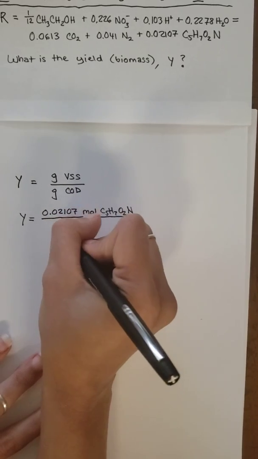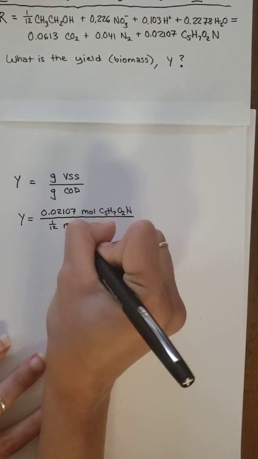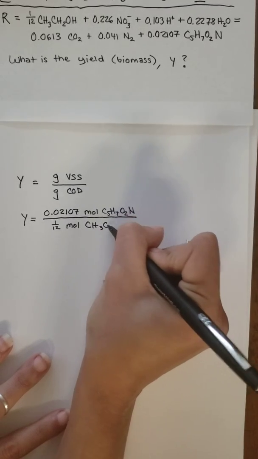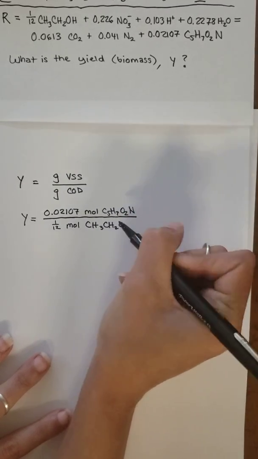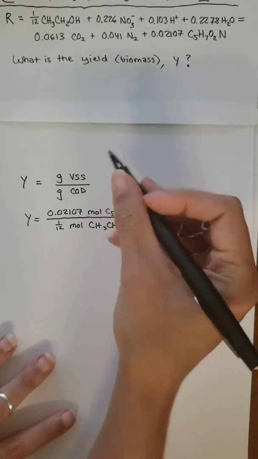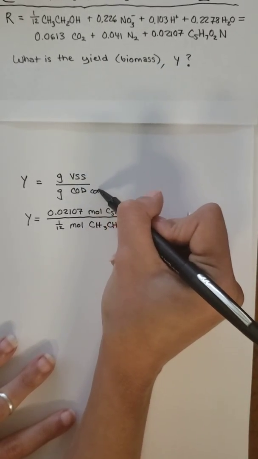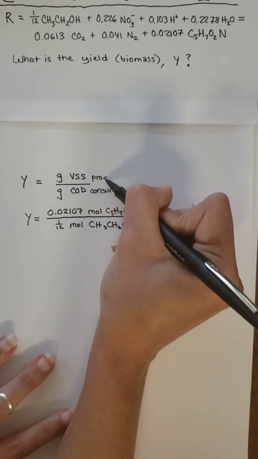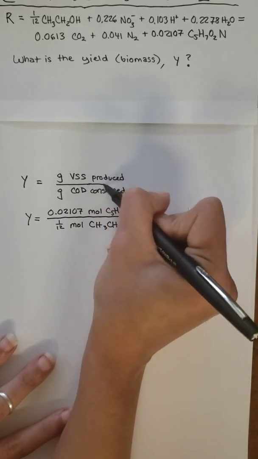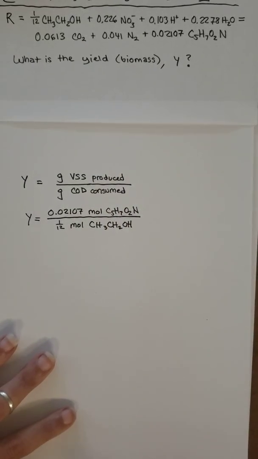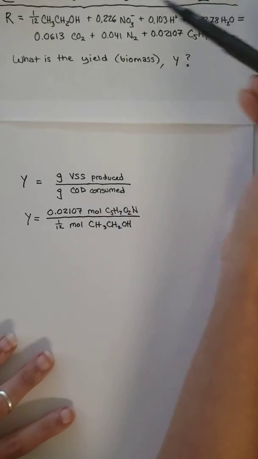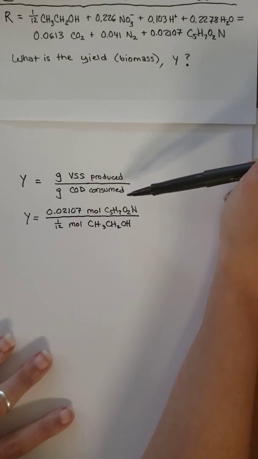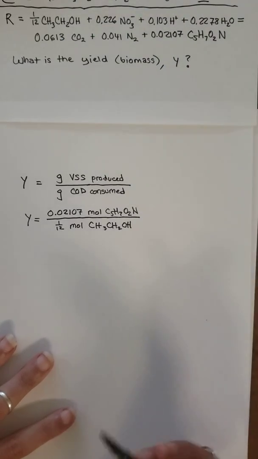So we have 1/12 mole of our electron donor ethanol. So this is what contributes to the consumption of COD. So this is really COD consumed, if you will, over VSS produced. And so in this case, because we're considering theoretical, we're only considering based on this equation up here, how much biomass will be produced versus how much COD is consumed in the form of ethanol.